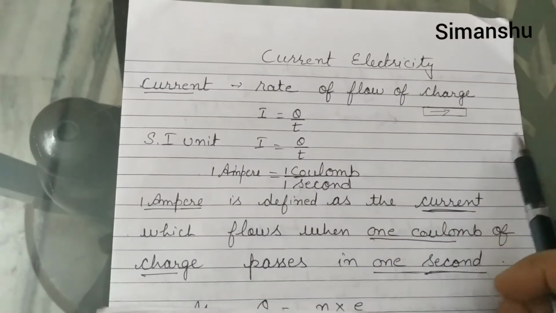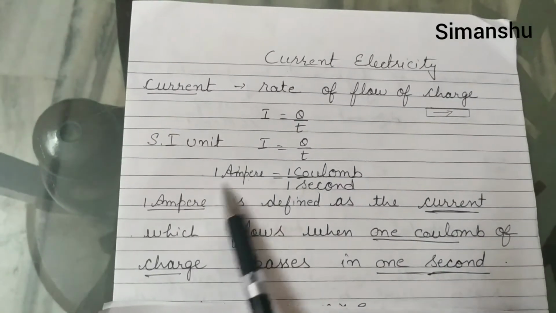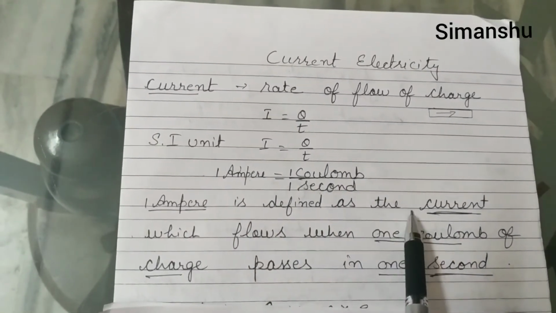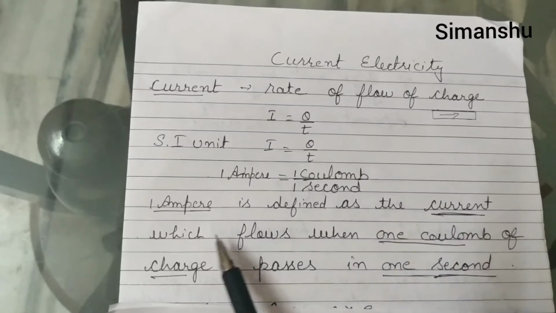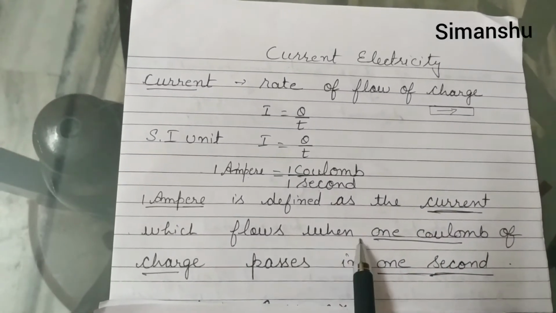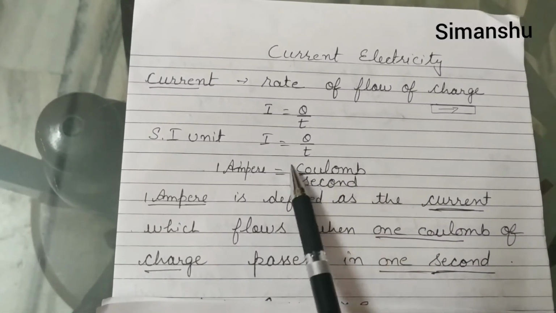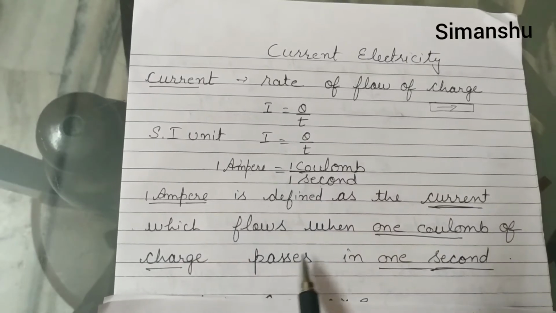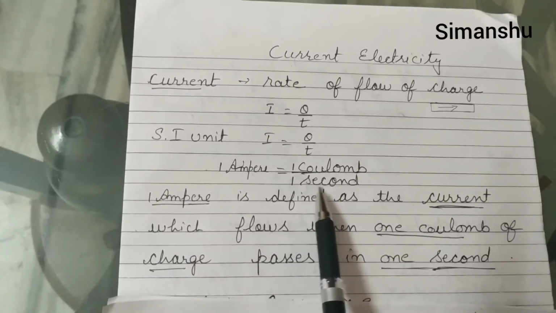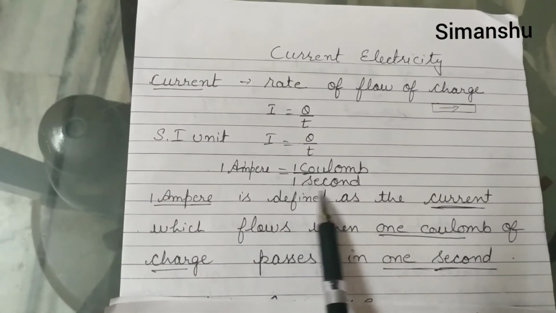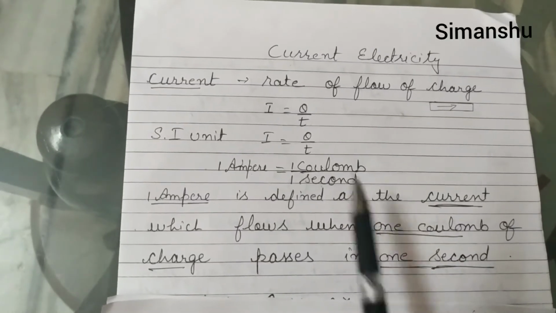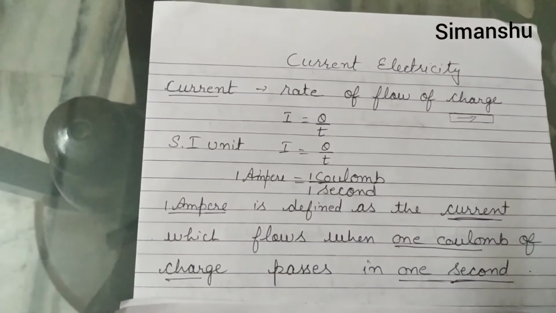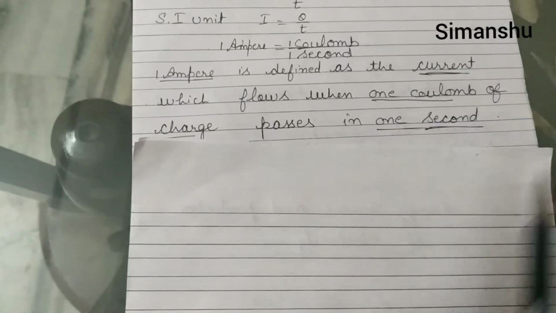Once again, 1 ampere is defined as the current which flows when 1 coulomb of charge passes through it in 1 second. So it is easy, I think.